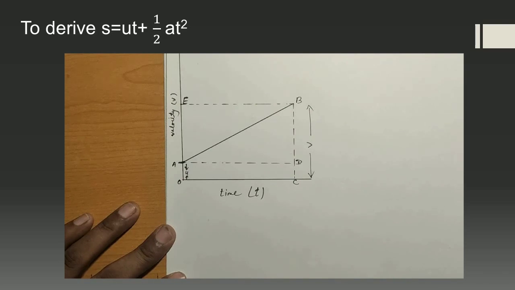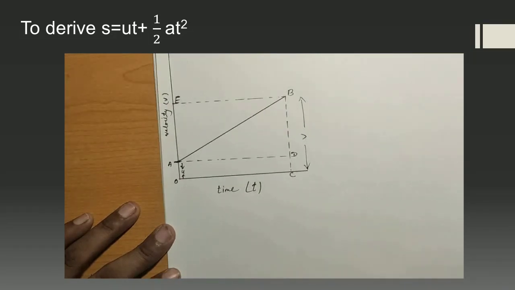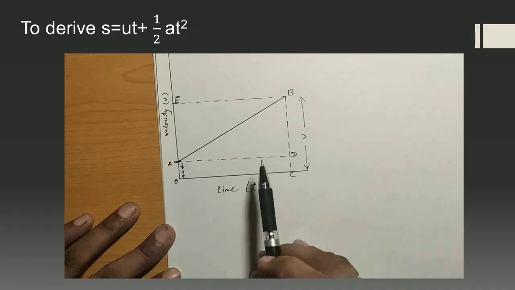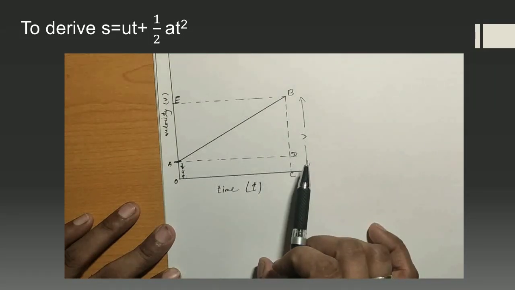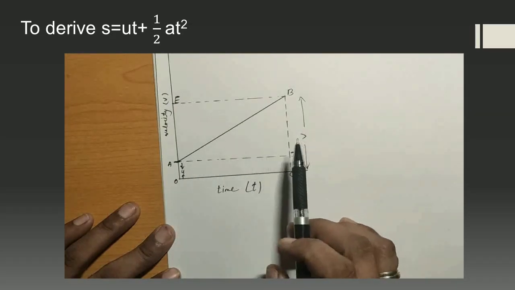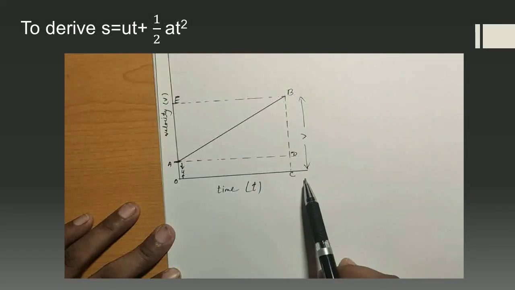So for the second equation of motion, suppose a body is moving under a uniform acceleration and it travels a distance s in time t. The distance traveled by the body is given by the area under the velocity time graph AB, which is equal to the area of trapezium OABC.